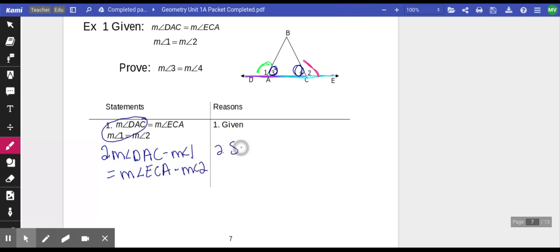And my reason there is subtraction, because that's what I did. And now when we looked at that, we said that if we did the line minus angle 1, we would get angle 3. So the measure of angle 3 is equal to, if we did the blue line minus the pink, we got the measure of angle 4, and that's substitution.